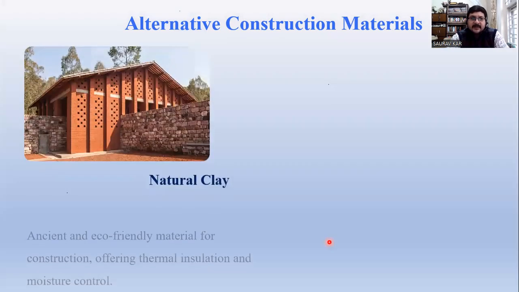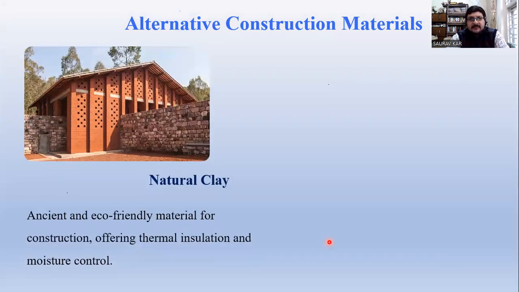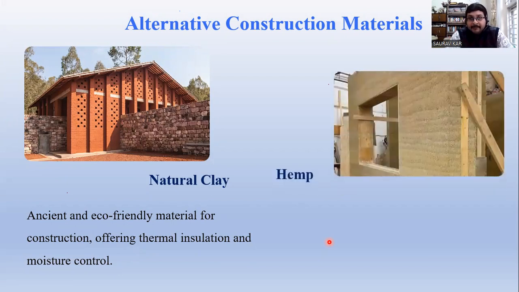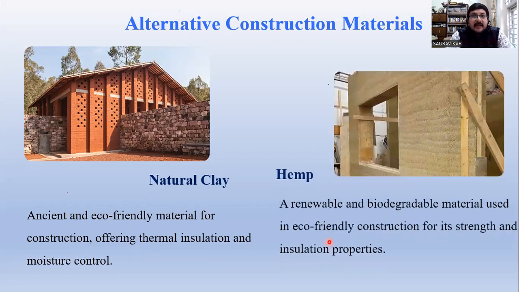Similarly, we can use natural clay, an ancient and very primitive eco-friendly material used for construction, offering thermal insulation and moisture control. Hemp is a relatively new construction material which is nowadays partly used for low-cost buildings. We are also using cork as an alternate construction material.